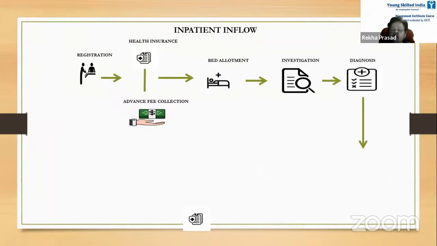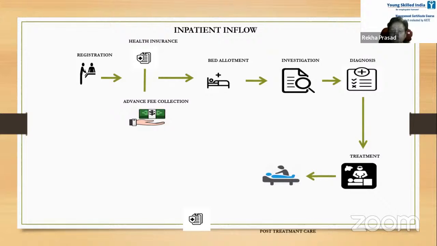Once the diagnosis is over, the treatment starts. Once the treatment is over, post-care treatment starts. Once that is over, then you get discharged, not from the hospital, but your care is over. Clinical discharge.